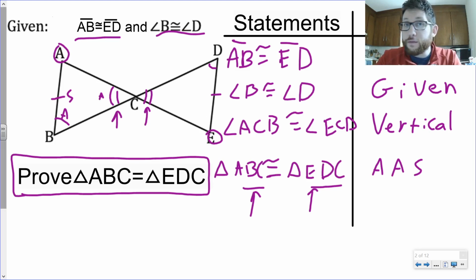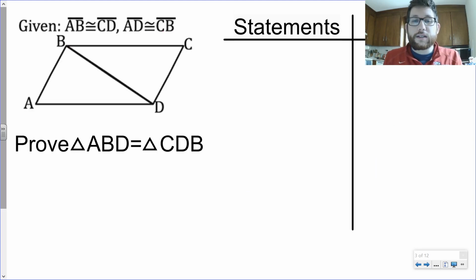So hopefully we took it step by step here. We're going to look at one more, then let me show you what your assignment looks like, because it's going to be a little easier than what I'm showing you here. Let's walk through this like a regular proof. The first thing we want to do is look at what I'm trying to prove. I'm trying to prove 2 triangles congruent. Now I also want to look at my given statements.